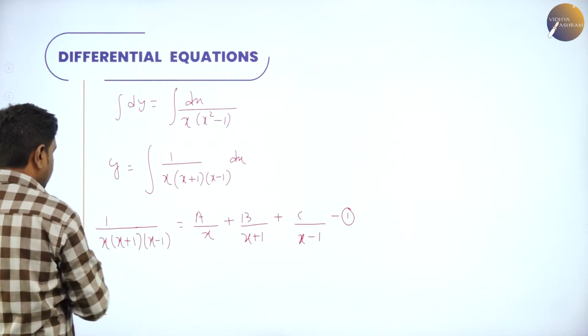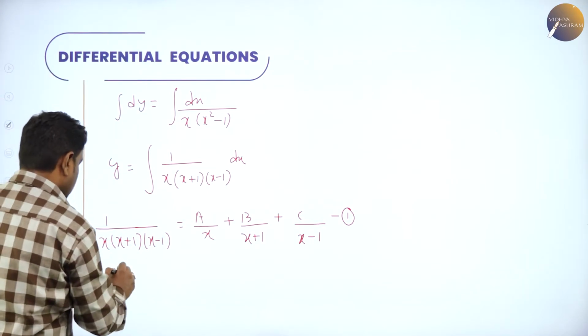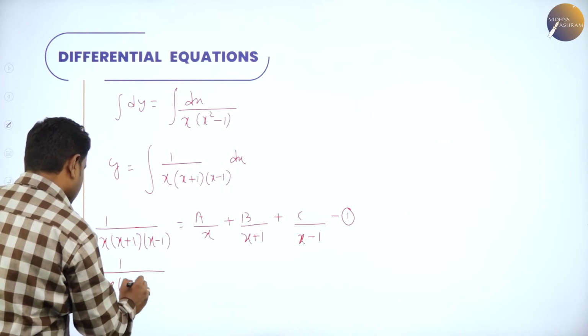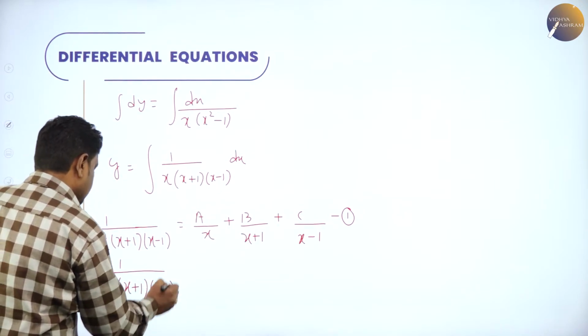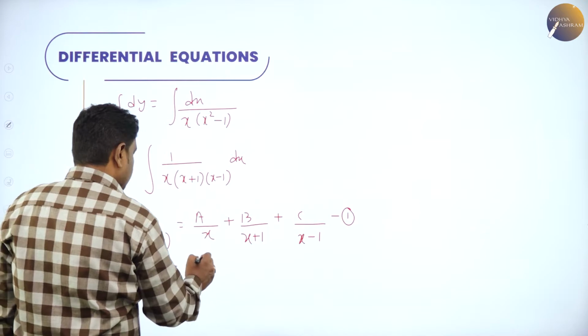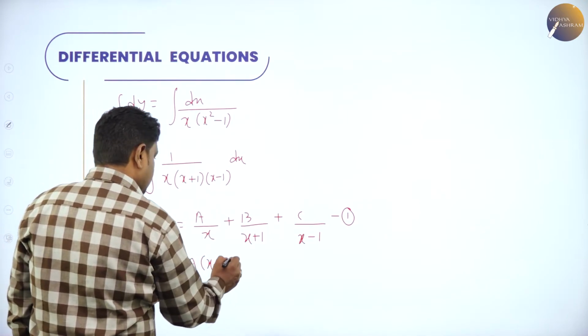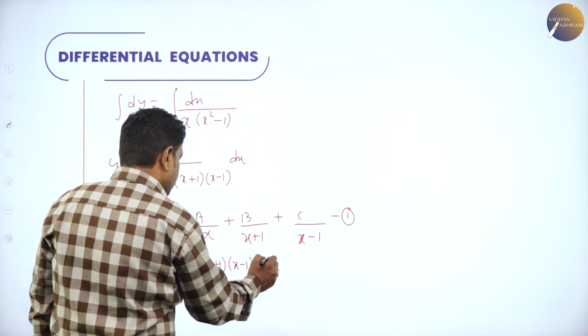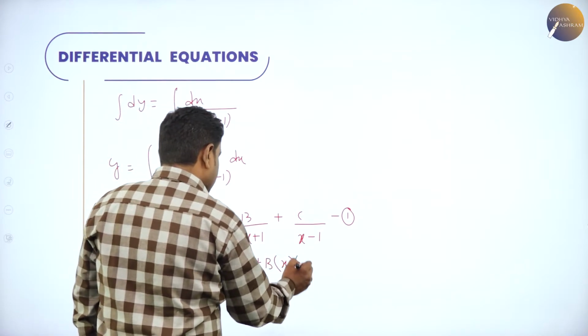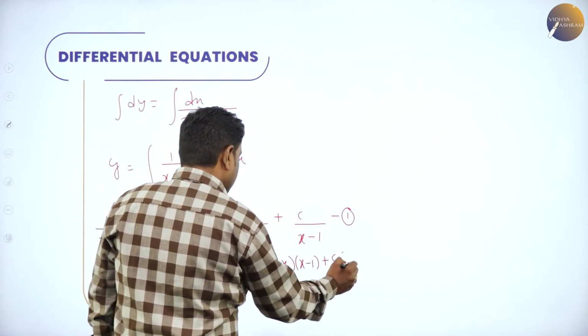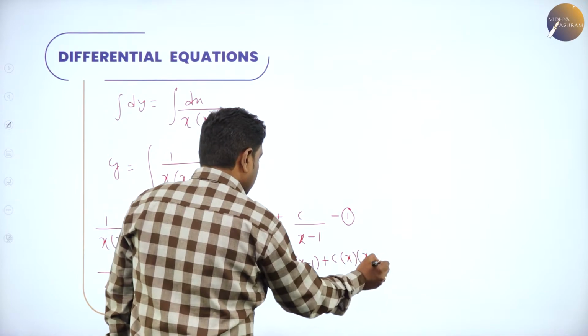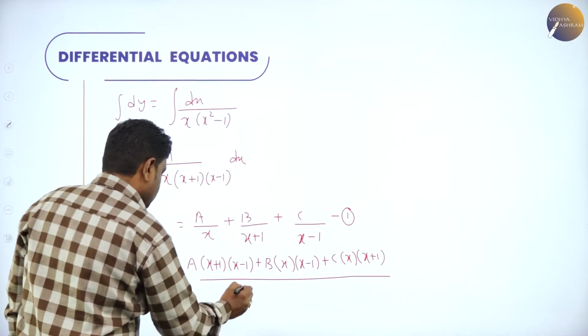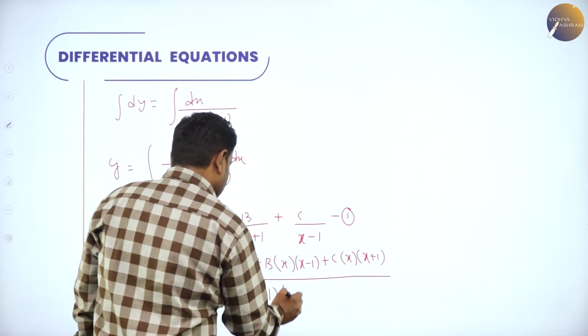Before that, take LCM. 1 divided by x into x plus 1 into x minus 1 is equal to a into x plus 1 into x minus 1 plus b into x minus 1 plus c into x plus 1 divided by x into x plus 1 into x minus 1.